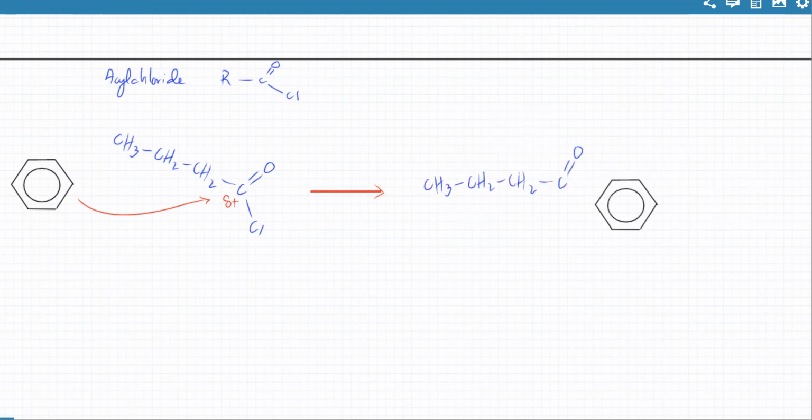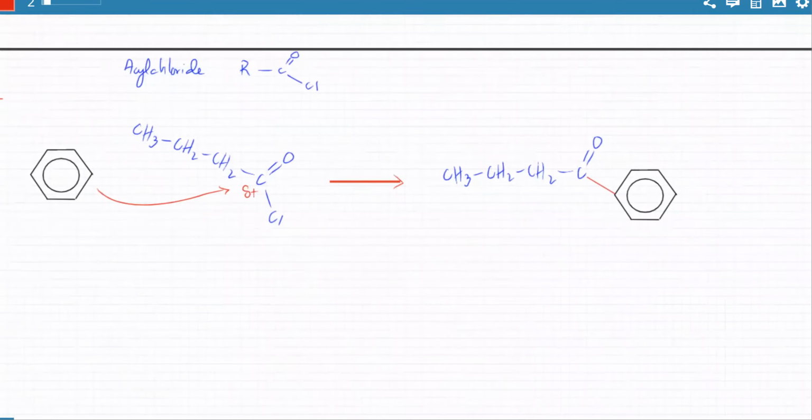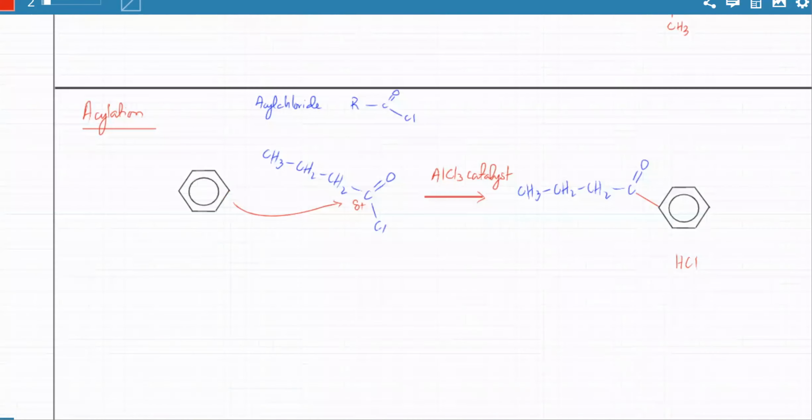And what will happen is that this carbon will get attached to one of the benzene carbon atoms. And again, HCl is going to be produced because the H is going to get substituted on the benzene, and the Cl has already left. So they're going to end up forming HCl, and again, you would need a catalyst in the form of AlCl3. That catalyst would be needed. So that is acylation.